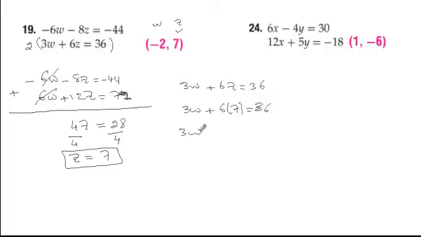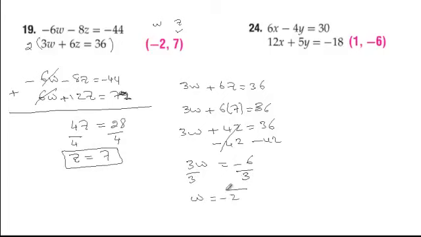Then 3w plus 6 times 7, 42, equal to 36, minus 42 on both sides, so you get 3w equal to, plus and minus cancel, 36 minus 42, you get minus 6, and then divide by 3, you get w equal to minus 2. So as you can see here, w is equal to minus 2, so then this would be the answer.